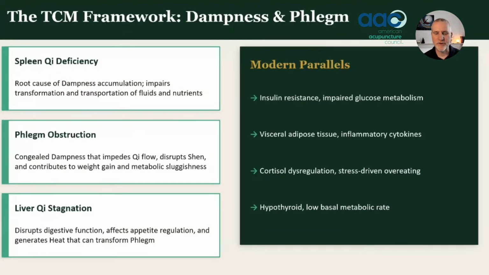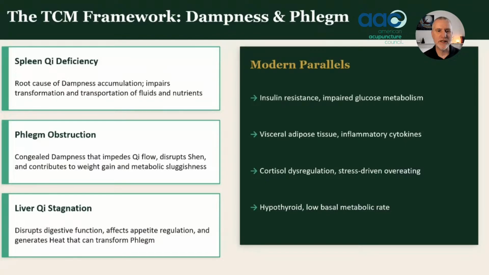So, just summarizing what we just covered, spleen qi deficiency we can map to insulin resistance and impaired glucose metabolism.